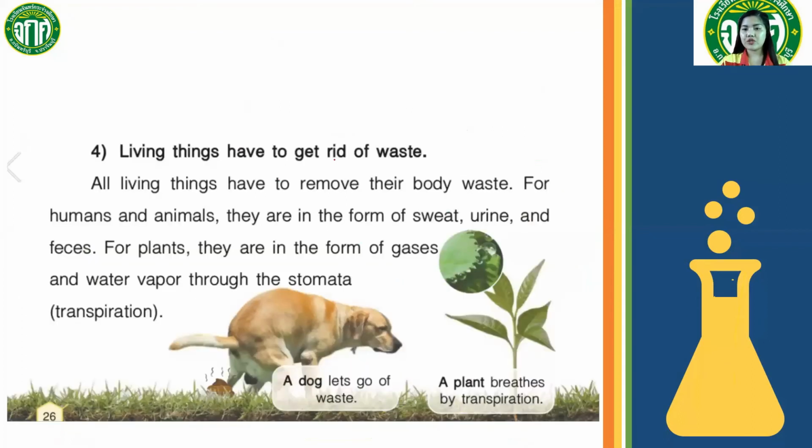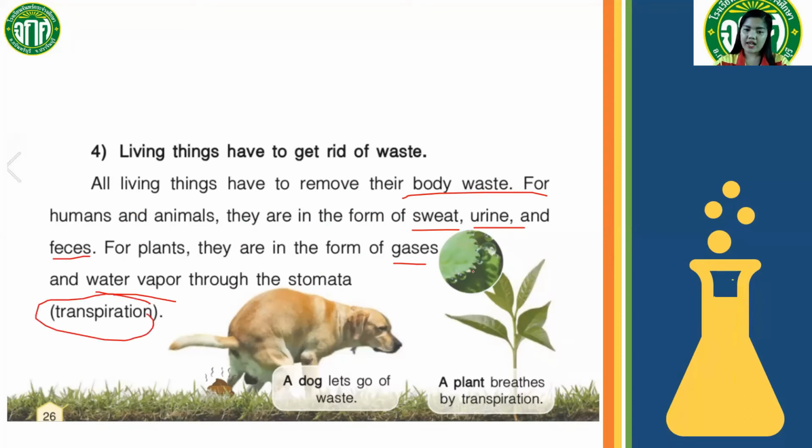Living things have to get rid of waste. So all living things have to remove their body waste. For humans and animals, it is in the form of sweat, urine, and feces. For plants, it is in the form of gases and water vapor through the stomata, or what we call transpiration.